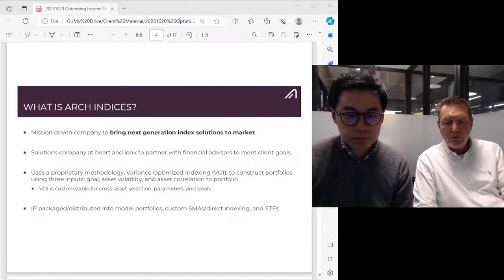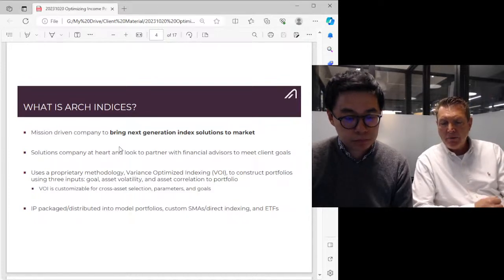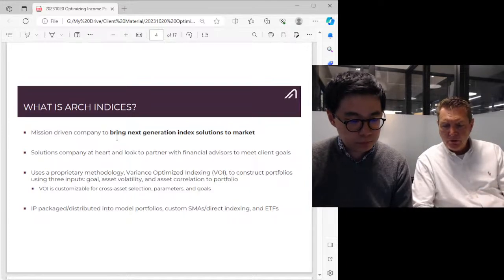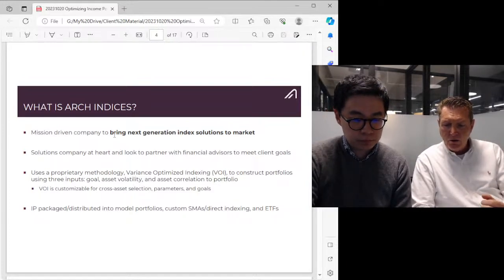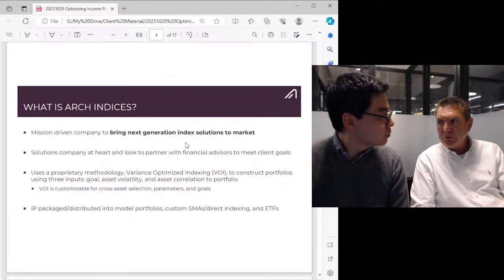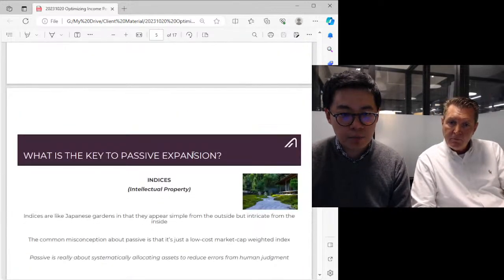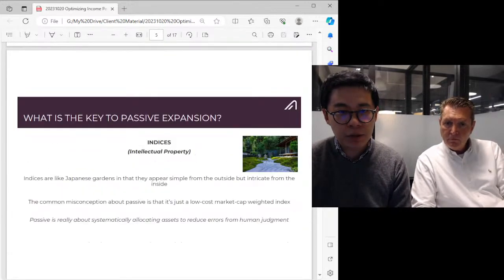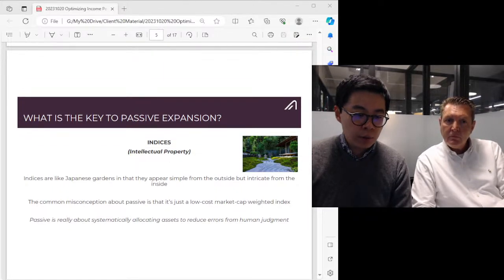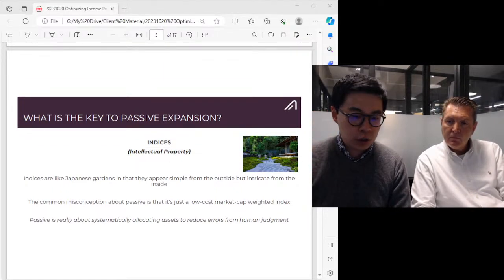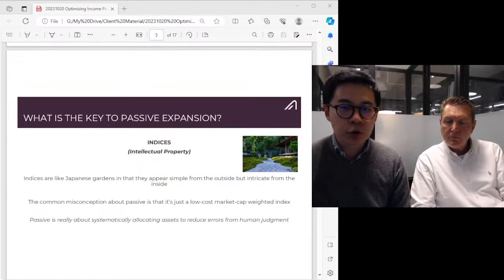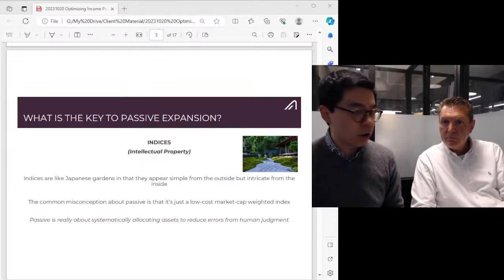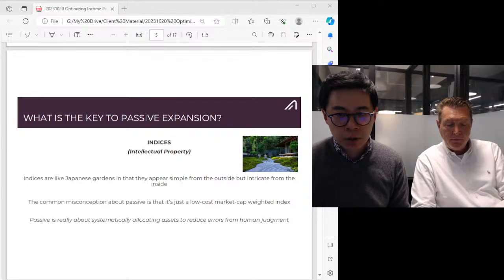Great. Yeah. And so, VOI is the core of your methodology. Why don't you tell us a little bit how it works and how your portfolios are constructed? Yeah, I'd love to. So this slide may be a little bit premature, but what sets us apart at Arch is that we optimize for a goal, while most portfolios out there are built for market exposure.